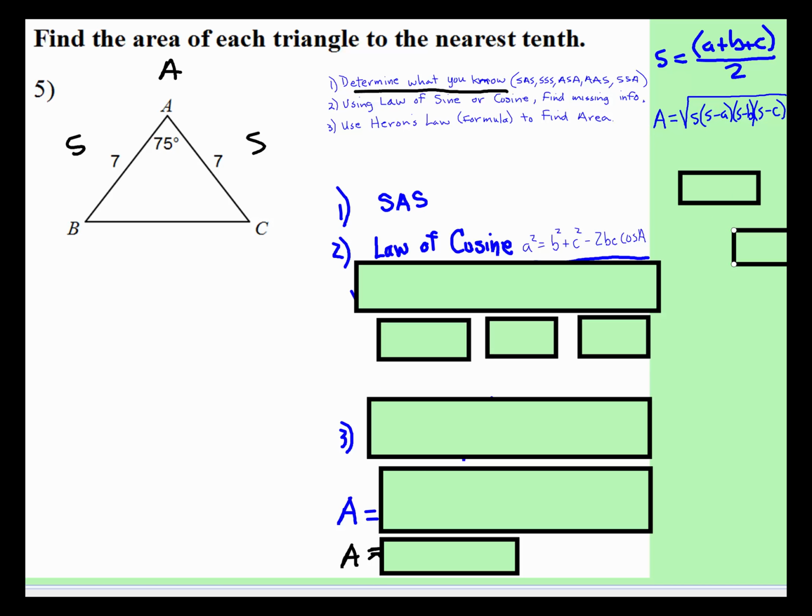And as a reminder, I went ahead and put what the law of cosines is. Then we're going to plug all of this information in. So remember, this is side C, this is side B, and what we're missing is side A. So we plug all of that into the law of cosines, and this is what you have.